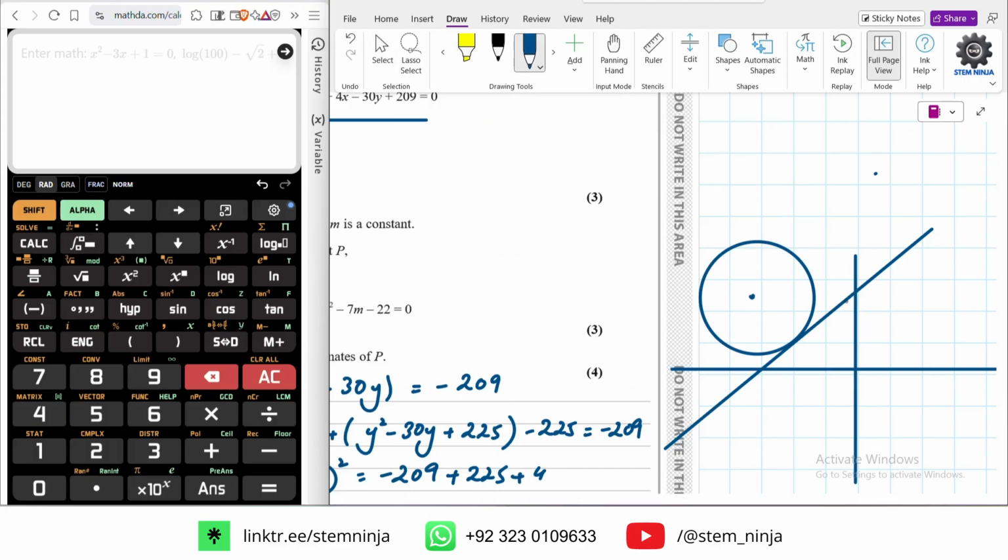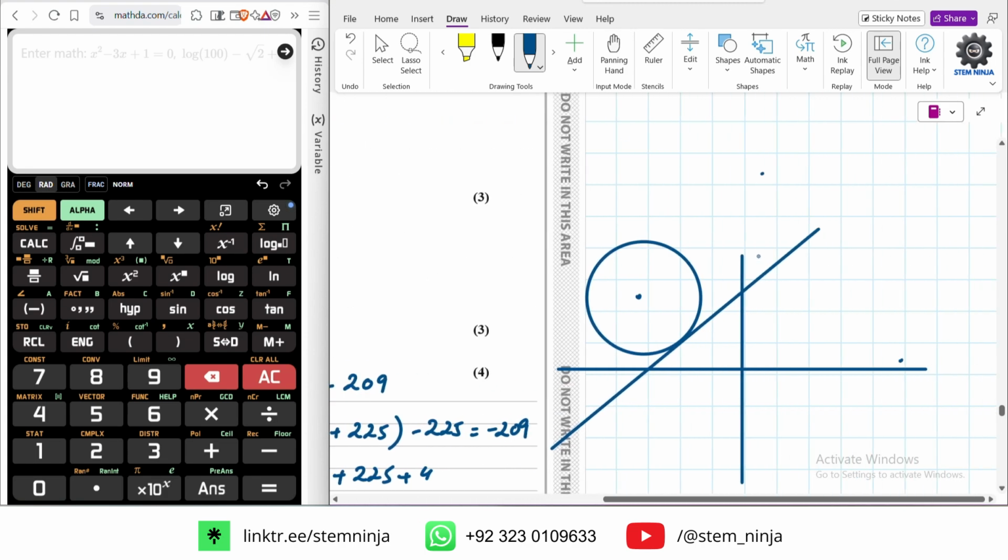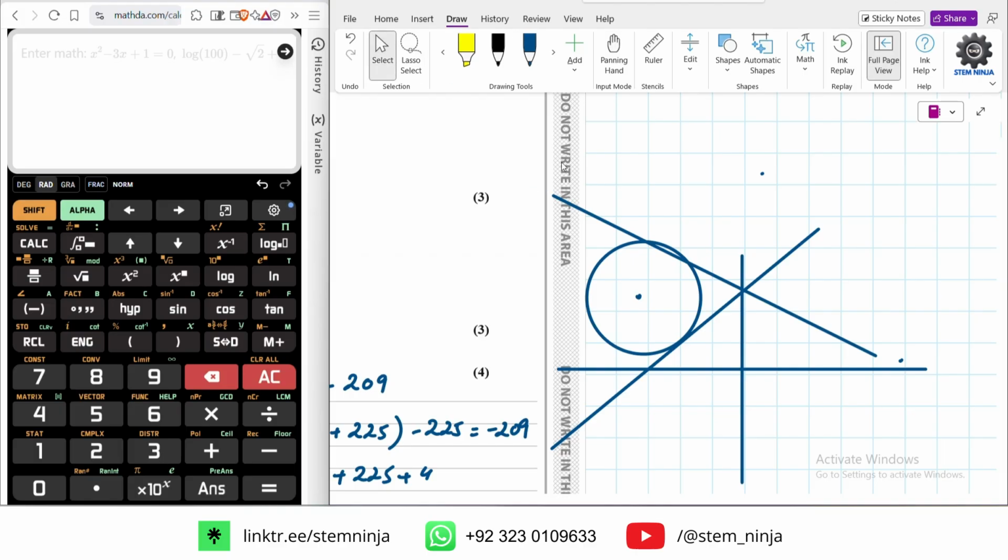Did they say what m is? Okay, so they did not. So either this or possibly this also. This would also be the correct way to do this. Right, like this. So it could have a negative gradient also.